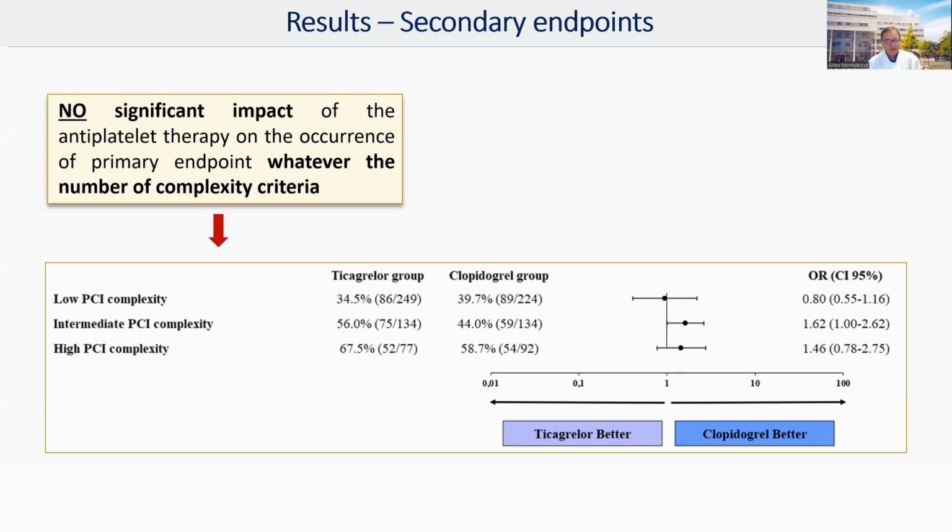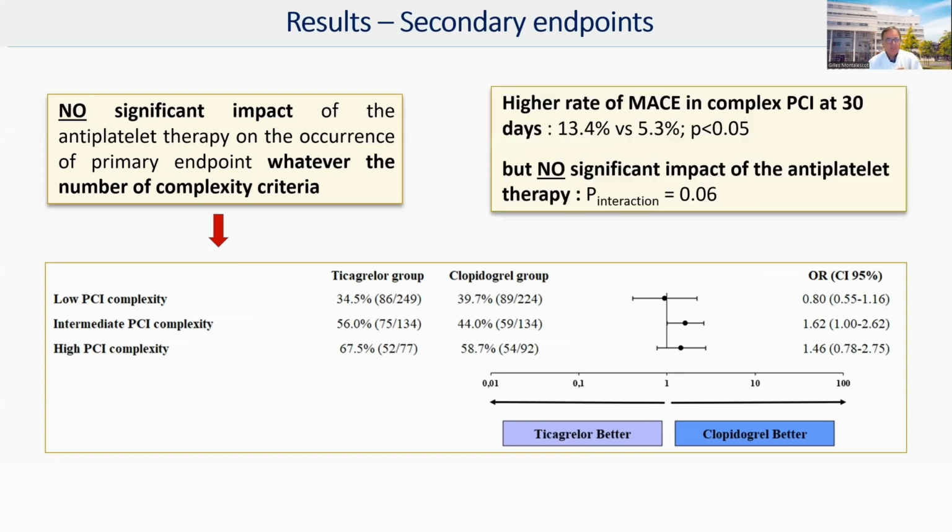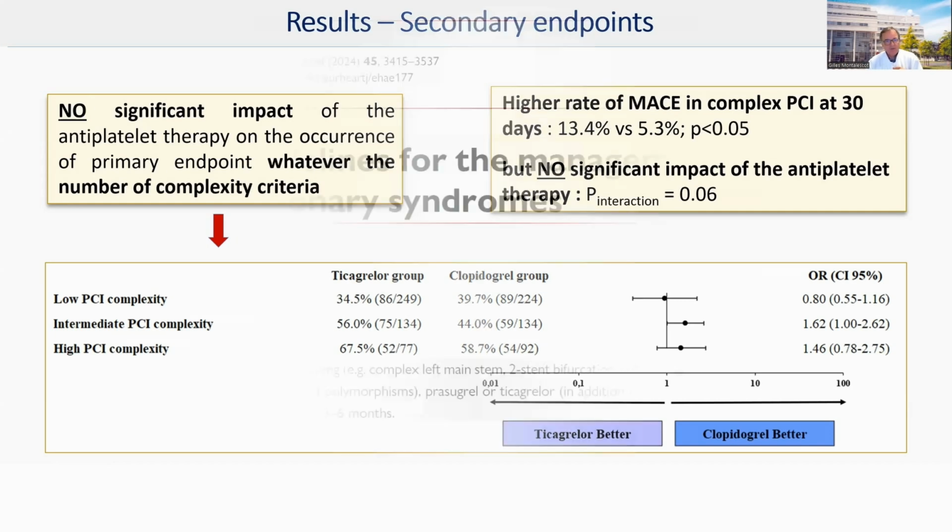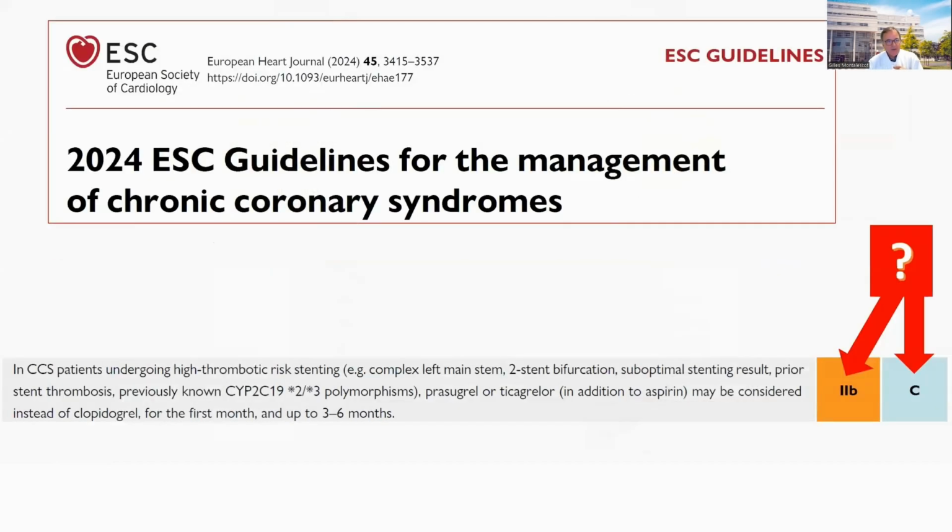And again, whatever the level of PCI complexity, we couldn't find a benefit of Ticagrelor over clopidogrel to prevent this troponin release after PCI. So clearly, this is an important finding. I think the job is done by aspirin and clopidogrel, and we do not protect the patients better with aspirin and Ticagrelor in this kind of elective PCI.